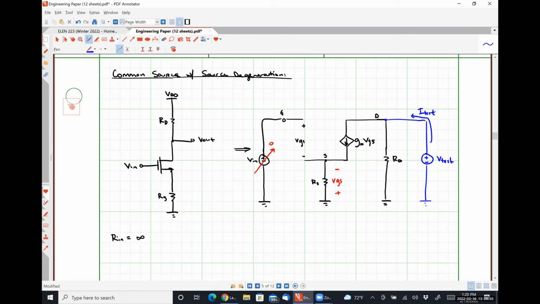So I test should pretty obviously be V test over RD plus GMVGS using Kirchhoff's current law at our drain node. Everybody okay with that?